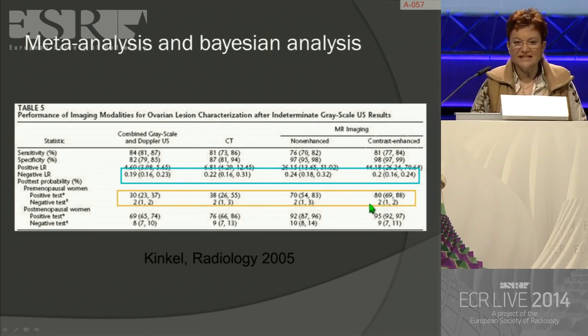So contrast-enhanced MRI in a premenopausal woman is definitely the best technique in order to increase your probability of ovarian cancer. Okay? In a postmenopausal woman, the increase exists also, but it's less prominent, 76 to 95% post-test probability for ovarian cancer.